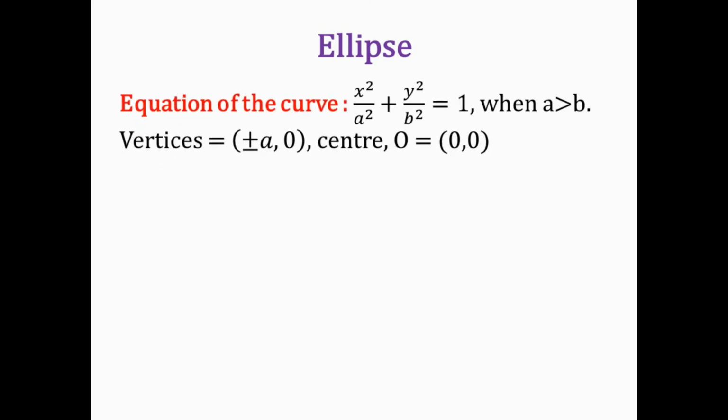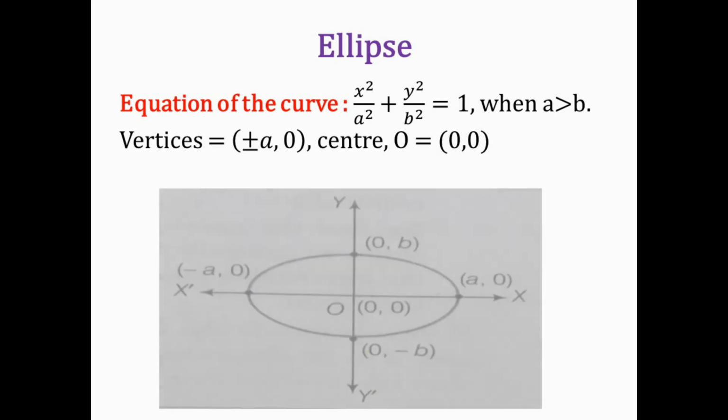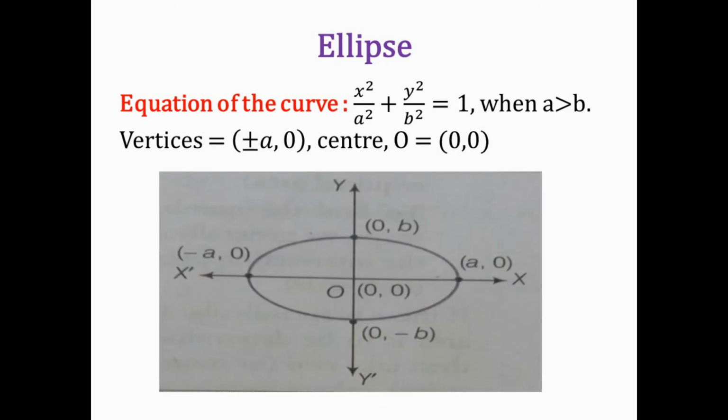The next shape is ellipse. The equation of the ellipse is x square by a square plus y square by b square is equal to 1, and the center will be the origin, that is 0 comma 0. Here we have taken the condition as a is greater than b. When a is greater than b, the y coordinate will be 0 here.